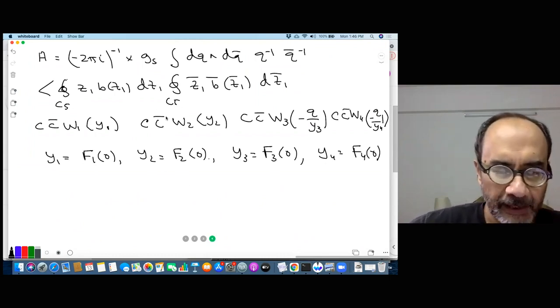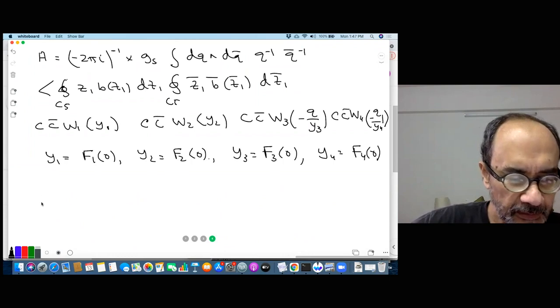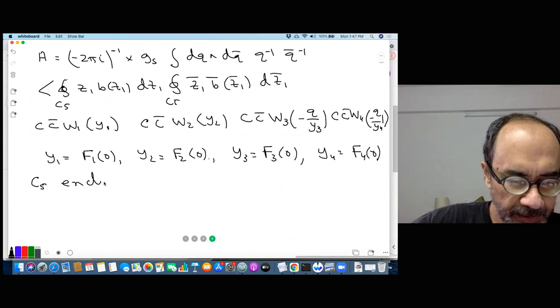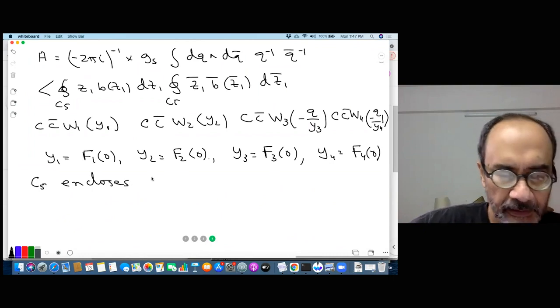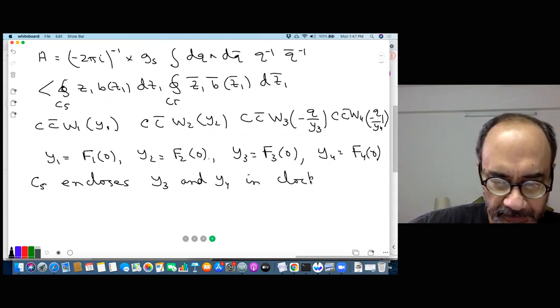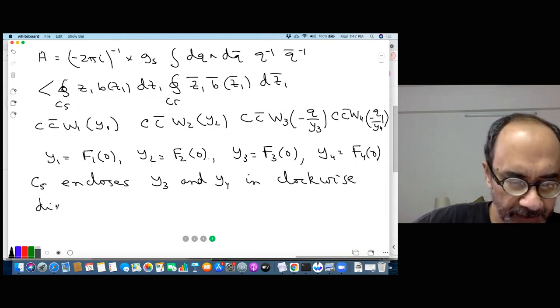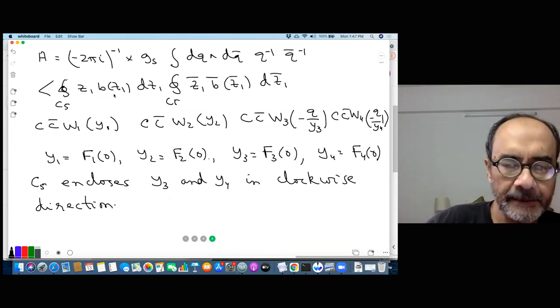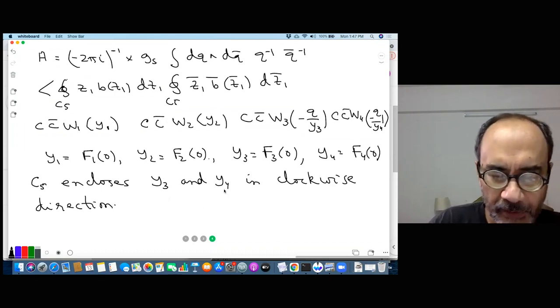And the contour C5 encloses y3 and y4 in the clockwise direction. Actually, in this case, it doesn't matter if it's clockwise or anti-clockwise because there are two of these integrals. But let's see why it encloses y3 and y4.